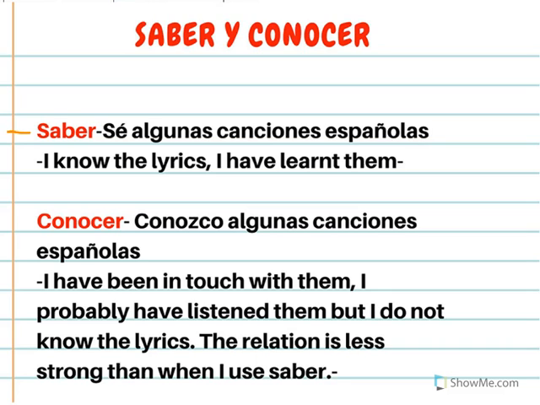Saber you would use if you know a song or something by heart, while conocer you are vaguely familiar with it, you have heard them. So take a look at that case, as in this case actually there is a discerning between two ideas, and saber and conocer allow you to be more exact.